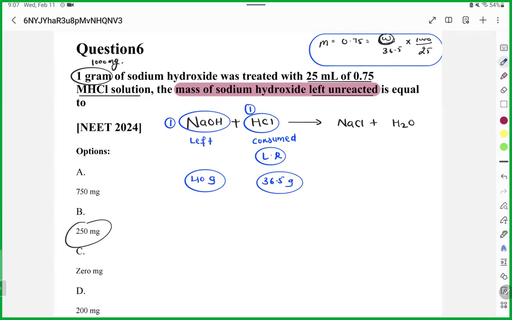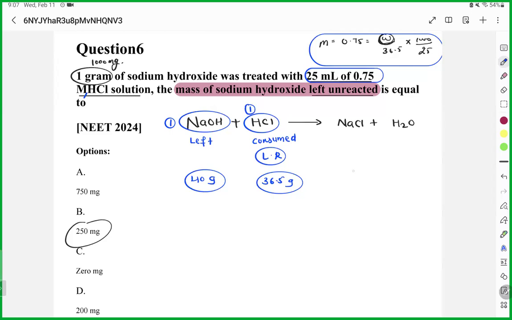Now, according to the question, 25 ml of 0.75 molar HCl is given. Based on that, you can calculate the HCl amount given, in mg, because all of your options are in mg.